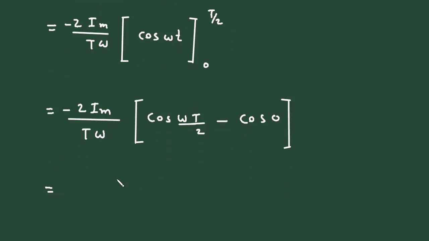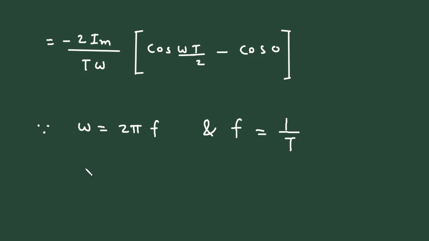Then here we know that omega is equal to 2 pi f and f is equal to 1 upon T, so therefore omega is equal to 2 pi by T. In place of f we can write 1 upon T. So therefore omega T is equal to 2 pi.